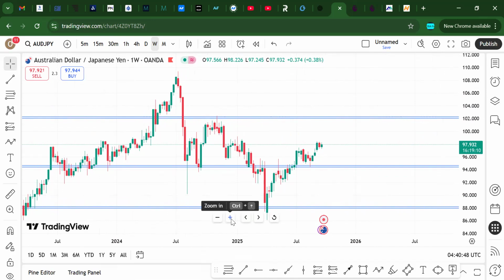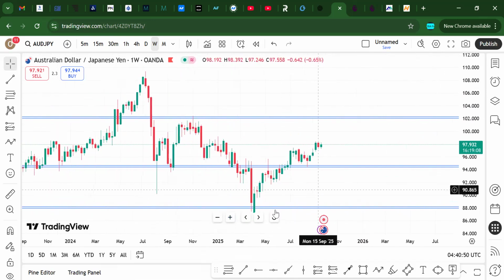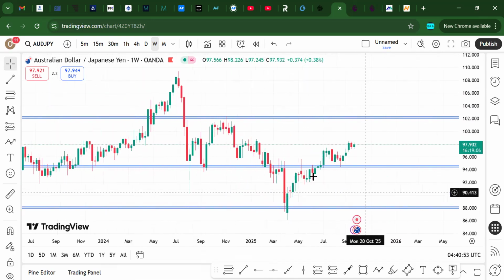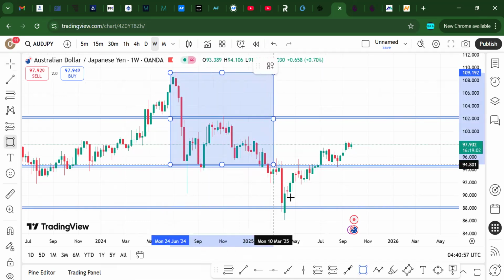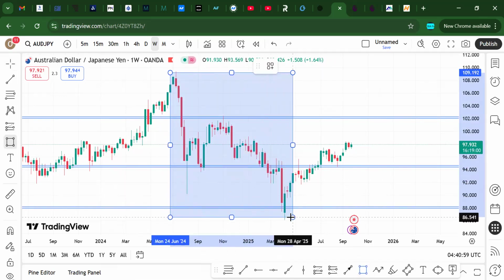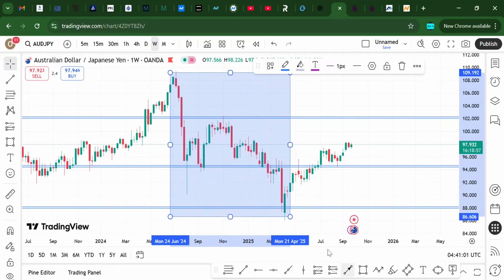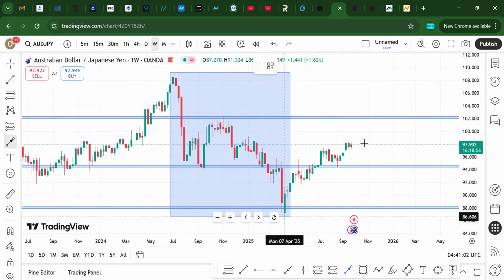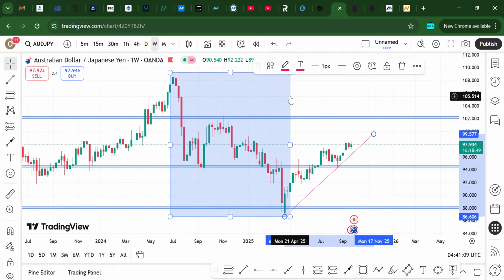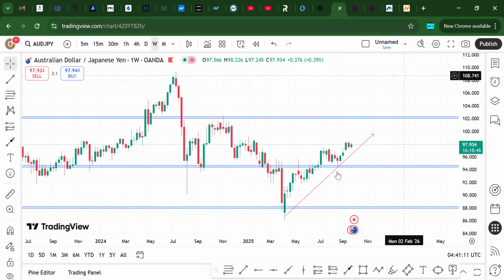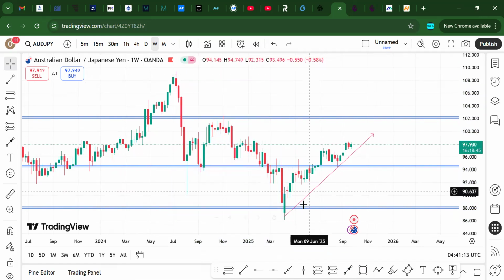On the weekly time frame, this part of the market represents the retracement that we saw on the monthly time frame, and this portion shows us the bullish movement currently happening. So if we take this out, our concentration will be on this part of the market.